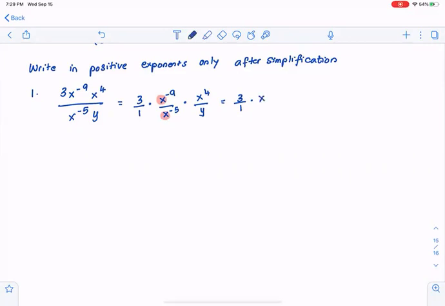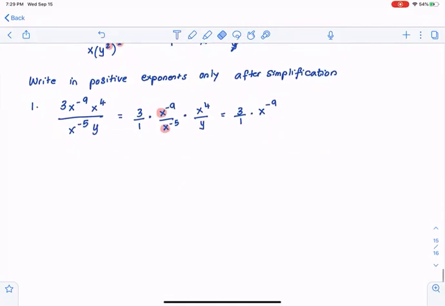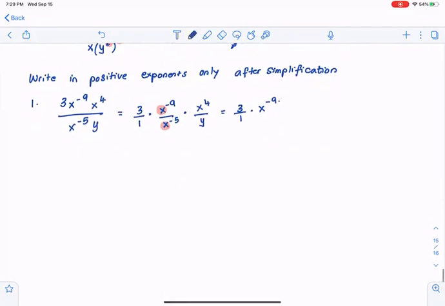So we move to the numerator, negative 9 plus 5. Numerator power minus the denominator power. Let me not skip a step. So numerator power is negative 9, so minus of minus 5, times x raised to 4 divided by y.